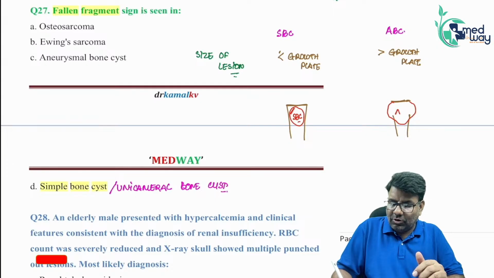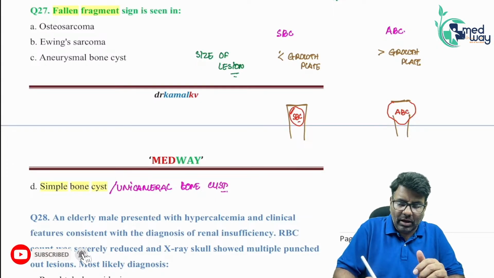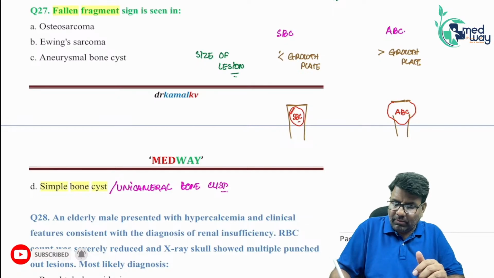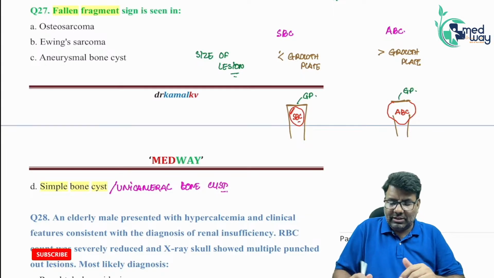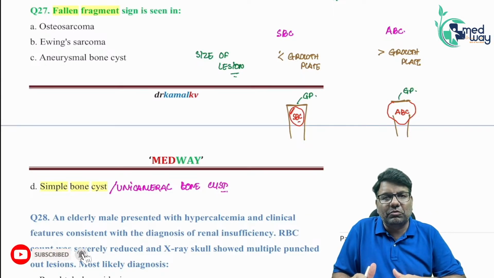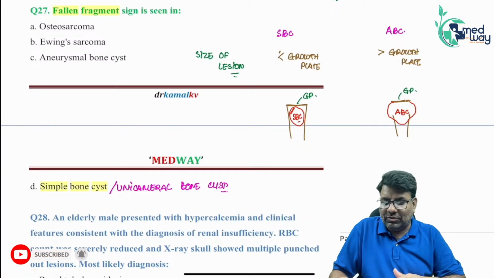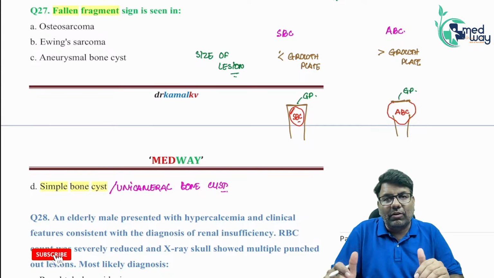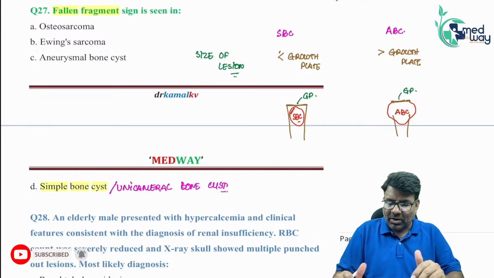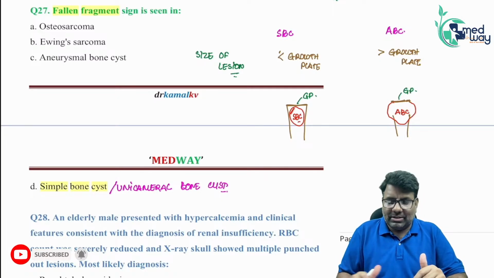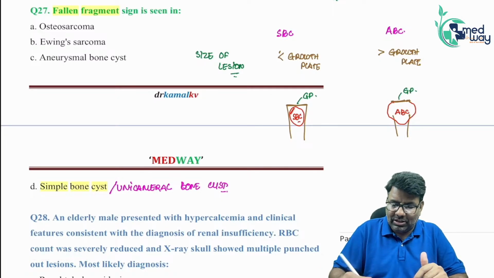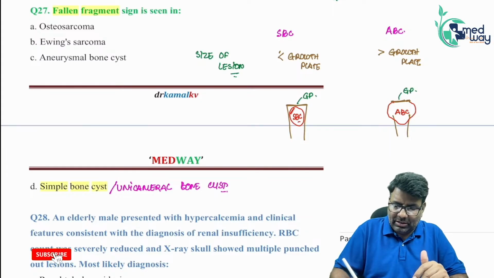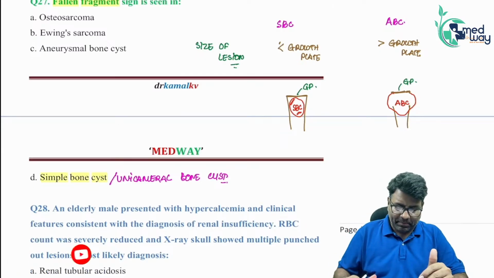So this is the aneurysmal, and this is of course the physis or the growth plate. So here we can see the size of the cyst is smaller than the size of the growth plate, and here we can see that the size of the cyst is much bigger than the limit of the physis. Yeah. So this we need to remember. The fallen fragment sign is seen in simple bony cyst and can be seen as a fragment of the cortex lying at the floor of the cyst.